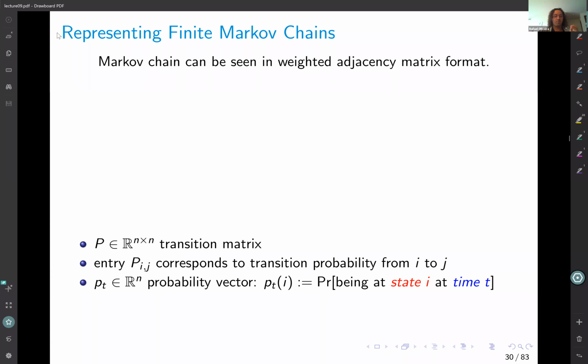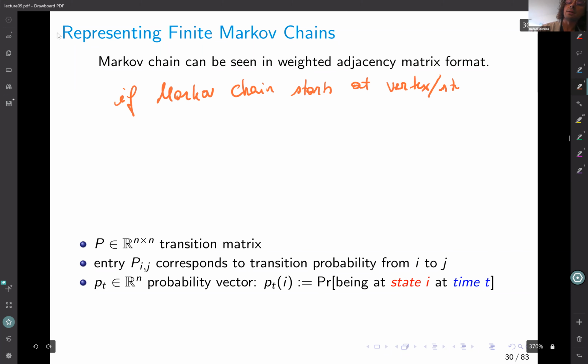So for instance, if our Markov chain starts at vertex or state 1, let's say P naught is the beginning, then P naught of 1 is equal to 1, and P naught of j is equal to 0 for all j bigger than 1.